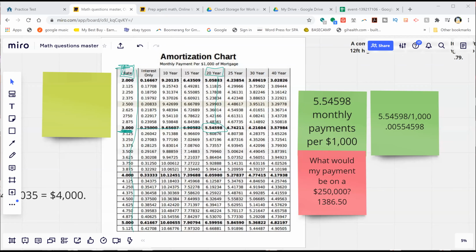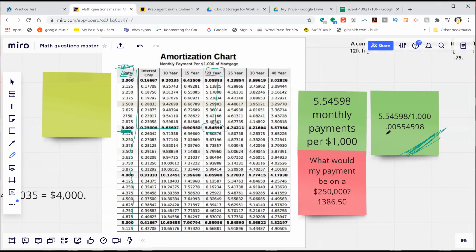How did you get 1386.50? So again, like I said, I told you that anytime you see per, you divide. So all of these are monthly payments per 1,000. So what I did right here, okay, I divided the monthly payment per 1,000.